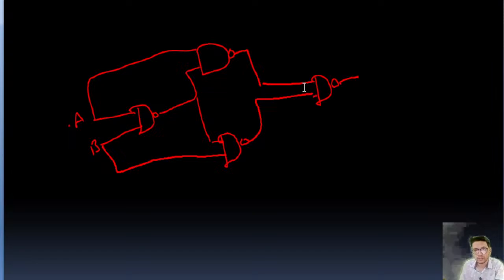So this is A and B, and this is going to be AB bar.